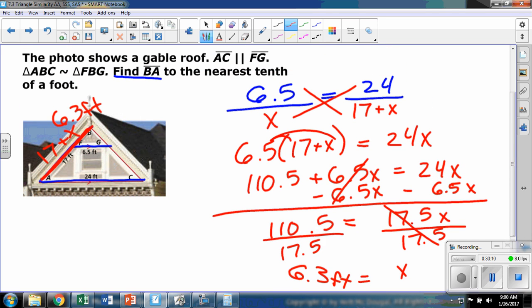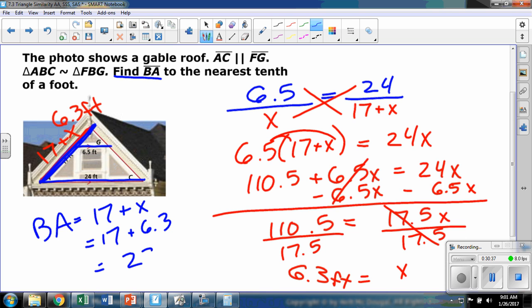Of course, we still have to answer the question, because the question was ultimately, how long is BA? 17 plus the 6.3 yields the final answer that it is 23.3 feet. And we are ultimately done.